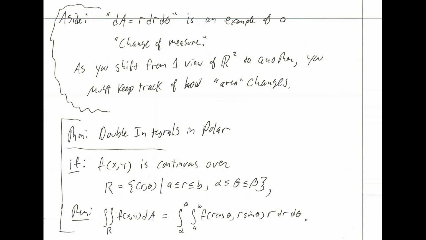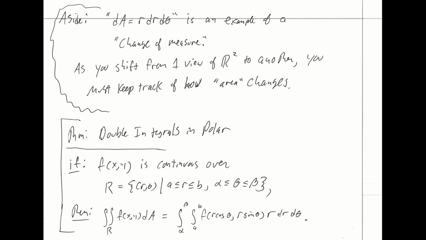So there's that r factor involved in the dA expression. And you can oftentimes shift your perspective on how space is represented in order to simplify certain problems. But if that does change the way that area is measured, you have to keep up with that. You have to take that into account, and that's why the dA expression involving the r term is going to be necessary to accurately integrate in polar coordinates.